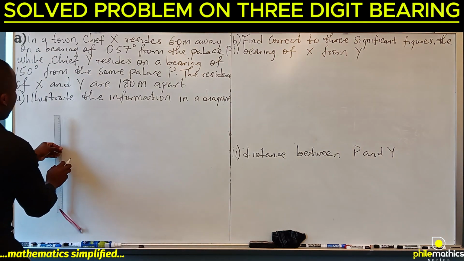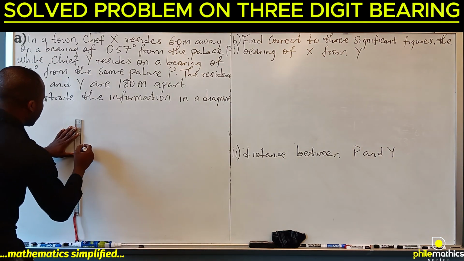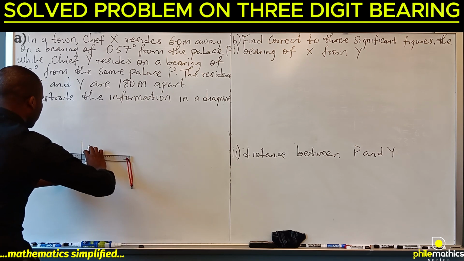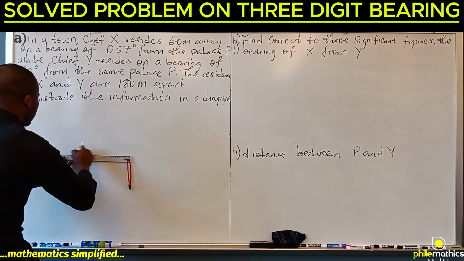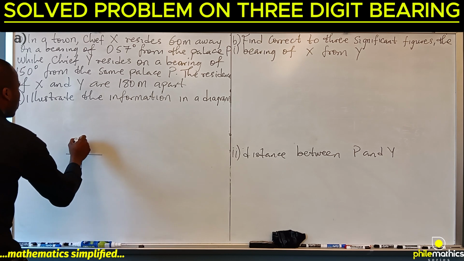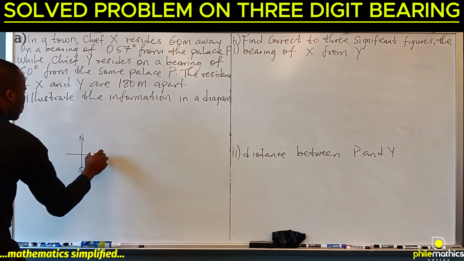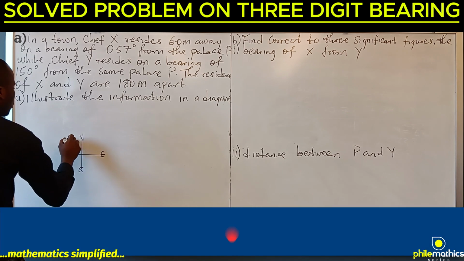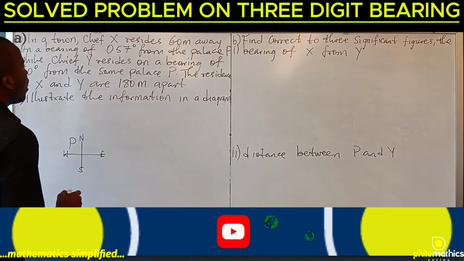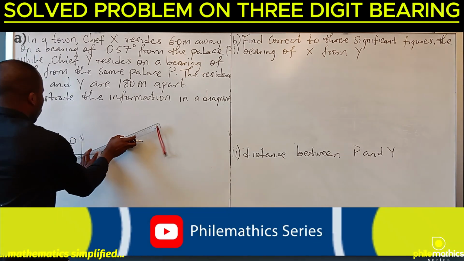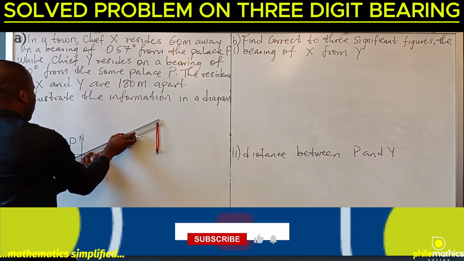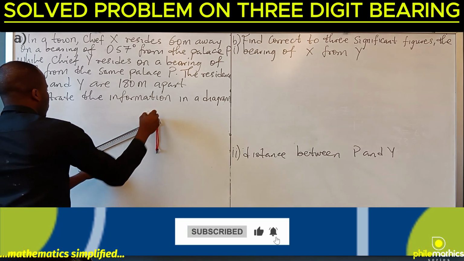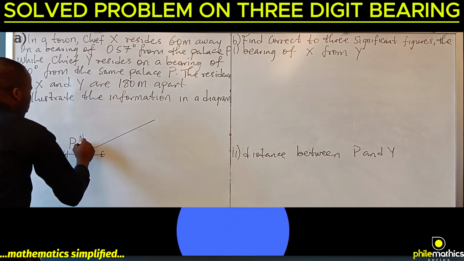So if this is the palace, north, south, east, and west. This is the palace P. X is 57, so this is 57 degrees.